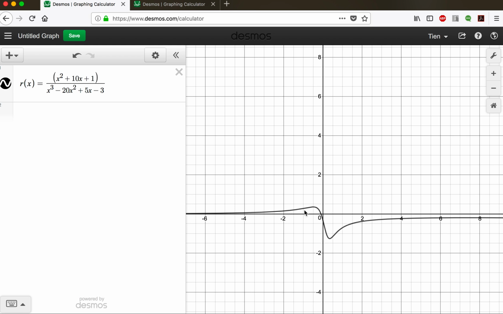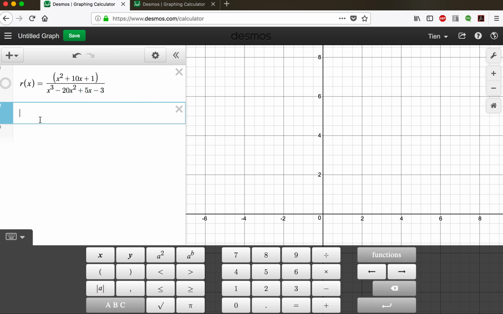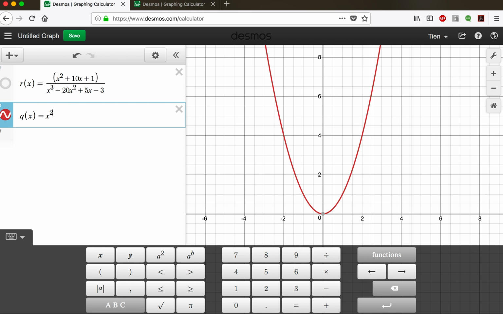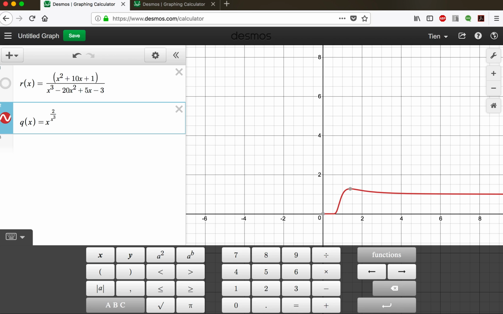So in general, if I want to understand the long-term behavior of any rational function, I should just take a look at the leading terms of my two things.